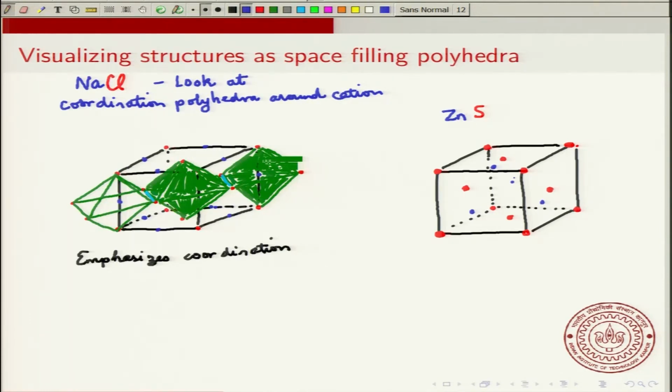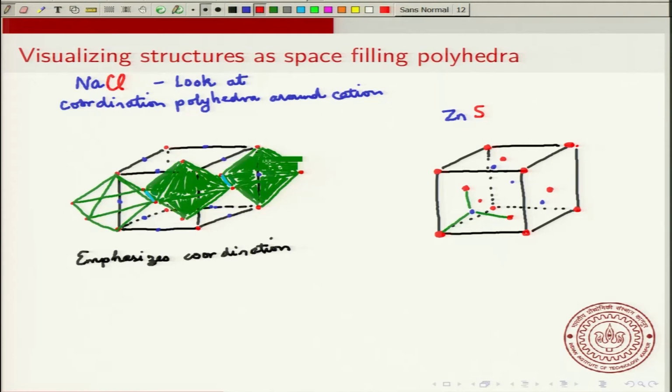Now, let us look at this particular zinc ion. Now, this is closest to 4 other sulfide ions, and those are, and one in the front face.